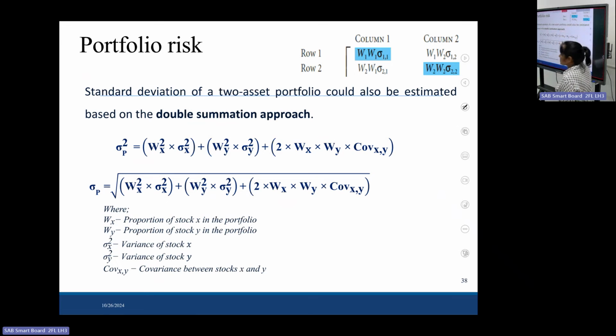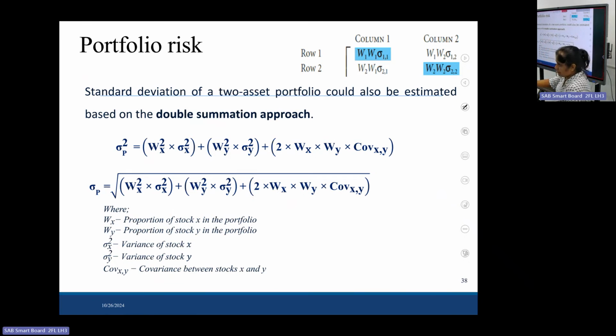So how does this formula come from this matrix? You can see weight 1 means stock 1, and the second stock is 2. Standard deviation 1,1 means that is actually the variance of that stock.